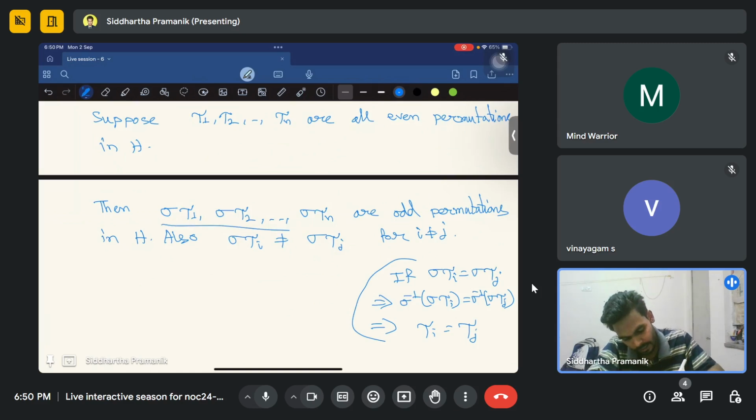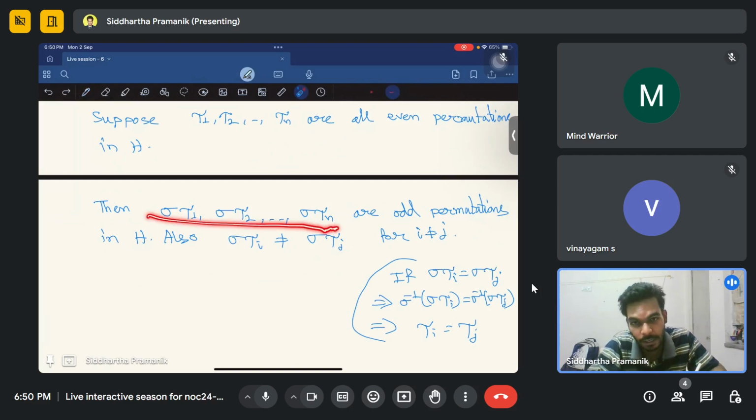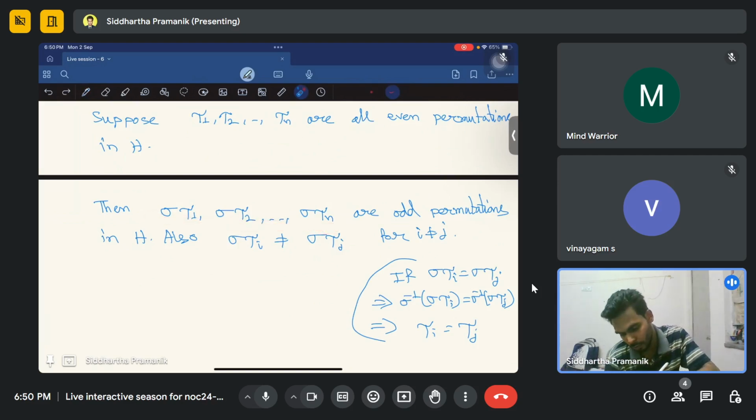But these are even permutations. Sorry, these are odd permutations. So in H, there are at least n odd permutations, right? So this implies H contains at least n odd permutations.